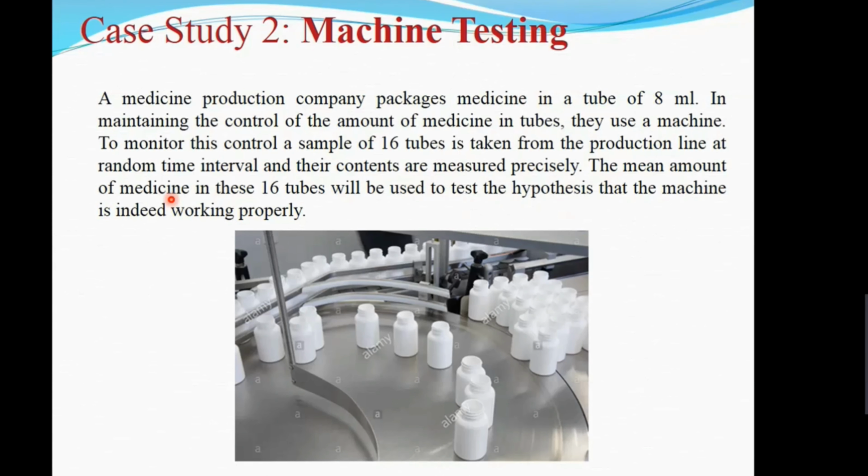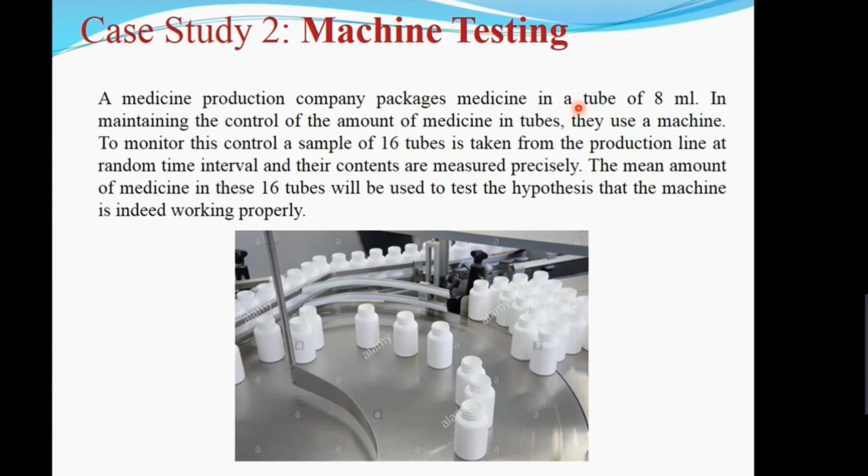The mean amount of medicine in these 16 tubes will be used to test the hypothesis that the machine is indeed working properly. So how many tubes? First you have to see 16. So sample size n is 16.